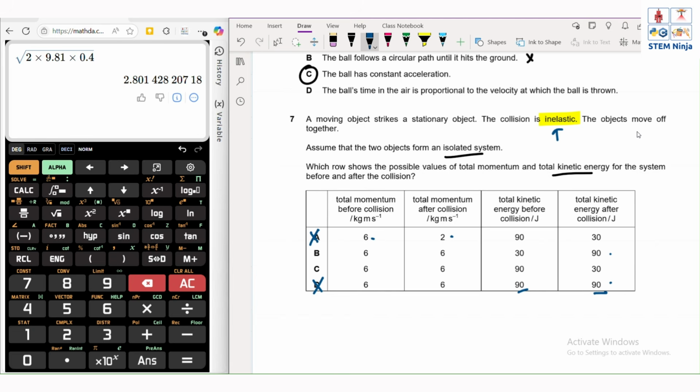Energy is not input into the system. Energy is lost from the system. Although we are saying that this is an isolated system, that's not what we are talking about. We're talking about an inelastic collision. So total energy after collision is not the same as before, and it's only going to be decreasing. So C will be making the most sense.